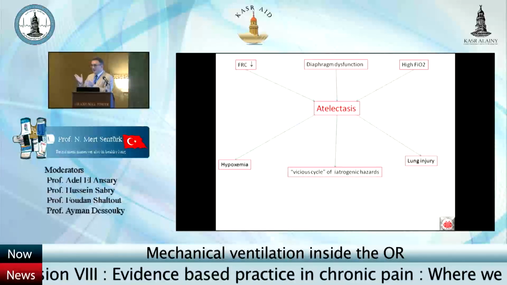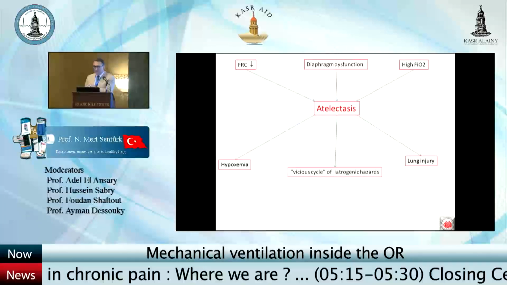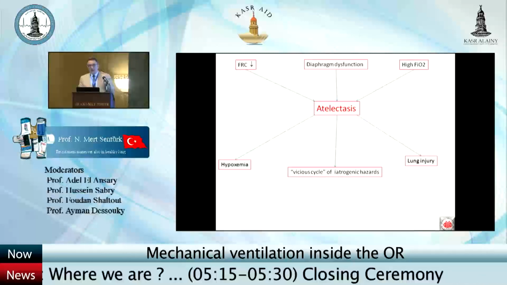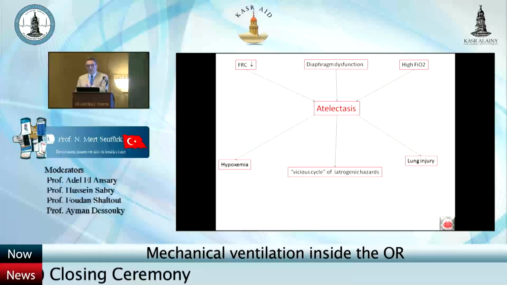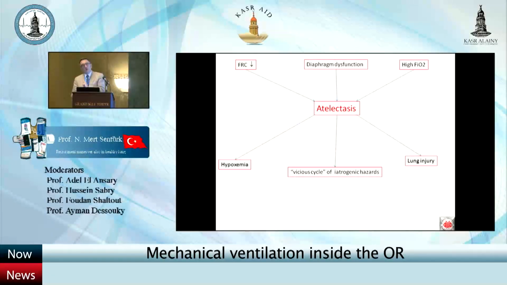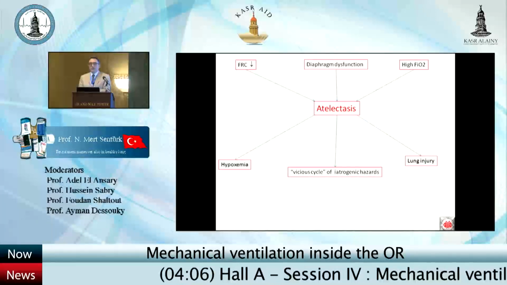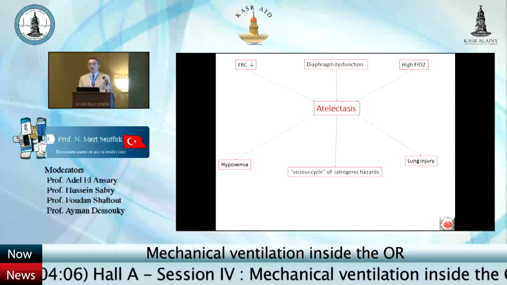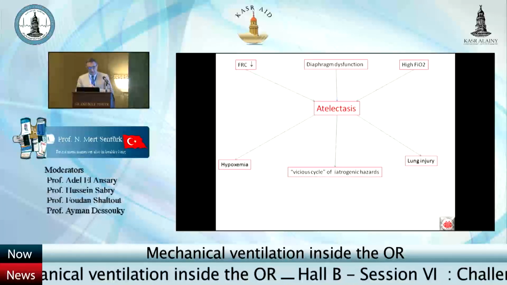This was the case in the study of Bendixen. Bendixen recommended, unfortunately, large tidal volumes. And remember, I have shown you the effects of large tidal volumes. With large tidal volumes, you can improve the gas exchange, but you cannot prevent or treat the atelectasis.